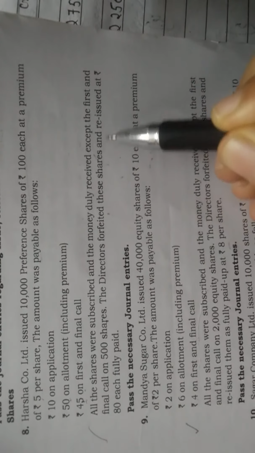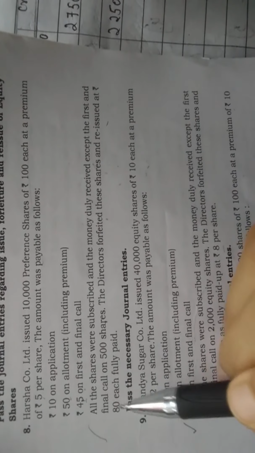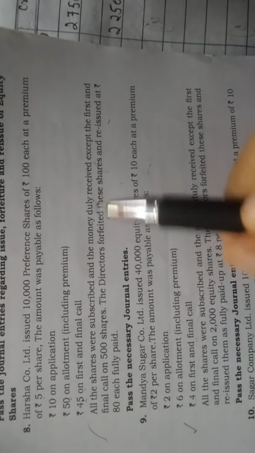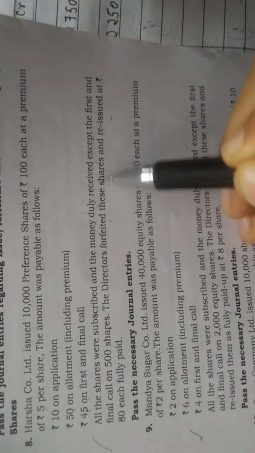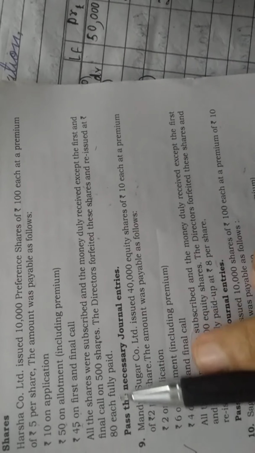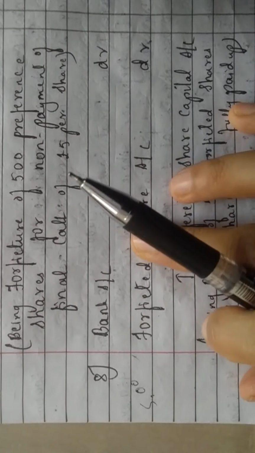Look, in the question the director forfeited the shares and reissued at 80 each. For the sentence 'the directors forfeited the shares', we have given this entry, the seventh entry. After that what they are telling is 'and reissue at 80 each'. The entry for reissue is the 8th one.